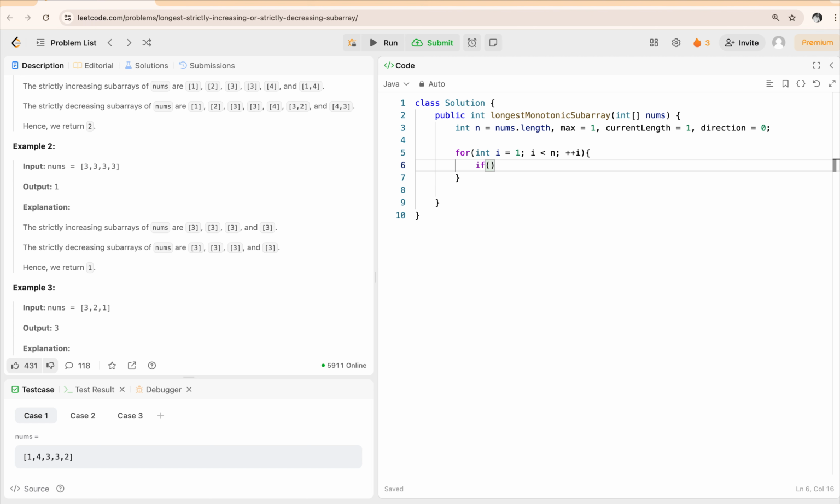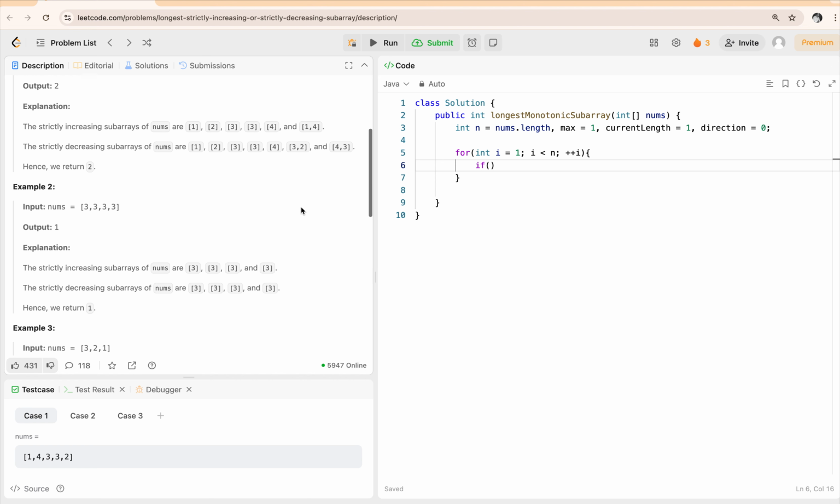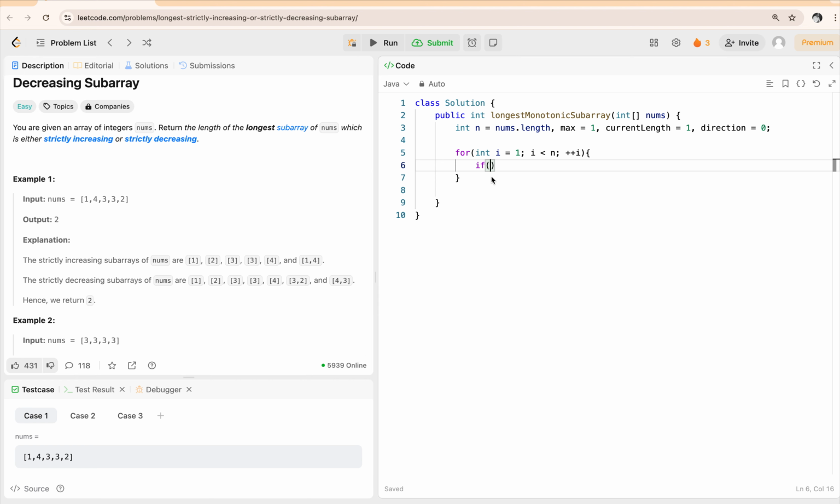In this problem only three possibilities are there. Why only three? Any two numbers, and we are concerned with numbers in the range 1 to 50, have only three possibilities. It is nums of i minus nums of i minus 1, where i minus 1 is the previous number.